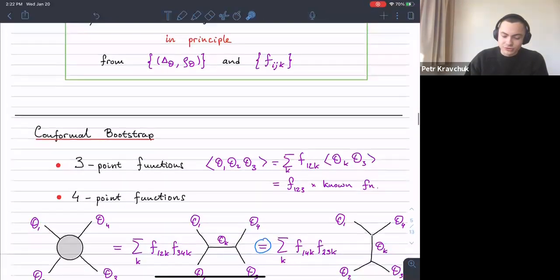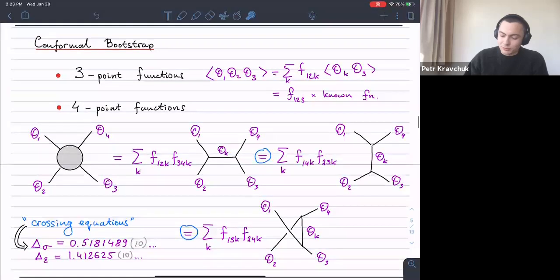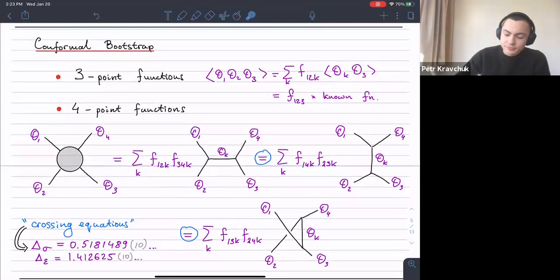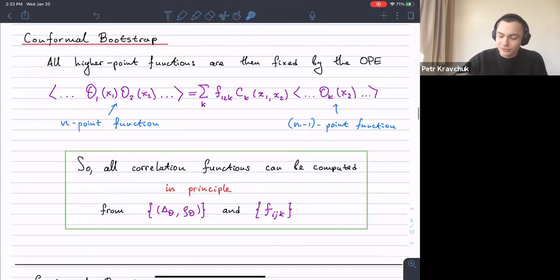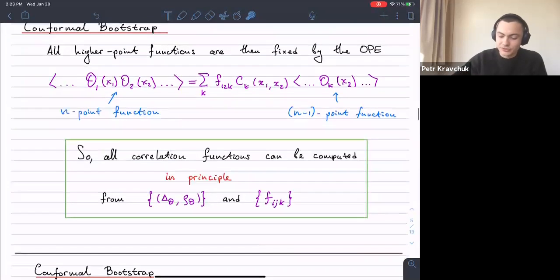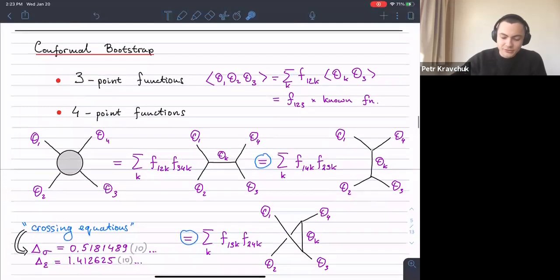But before that, let me just say a few words about what we mean by conformal bootstrap. So let's apply this idea. Right now, I just complained about this idea of expanding an n-point function in terms of (n-1)-point functions. But before going to situations where it doesn't work that well, let us first look at situations where it does work.